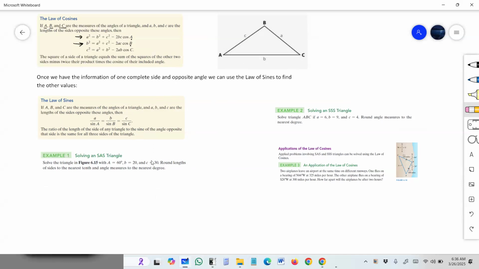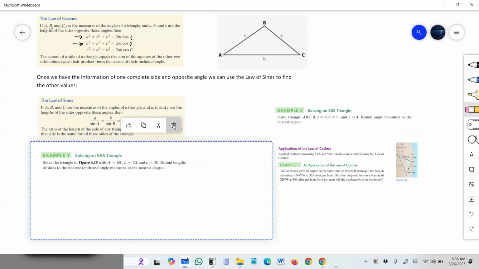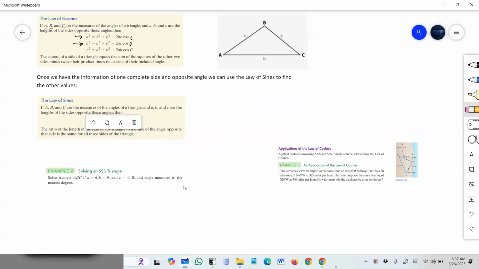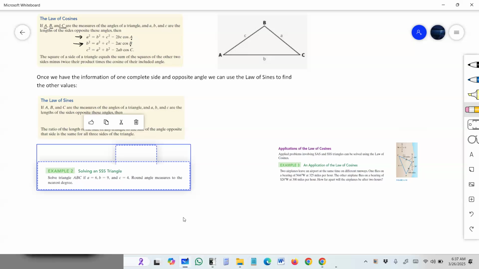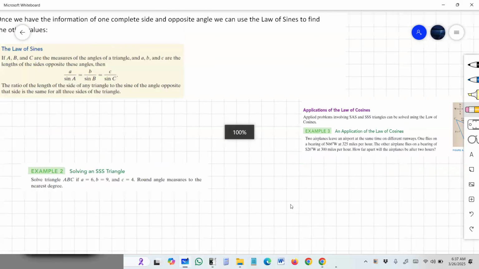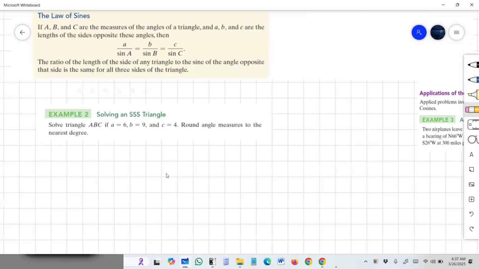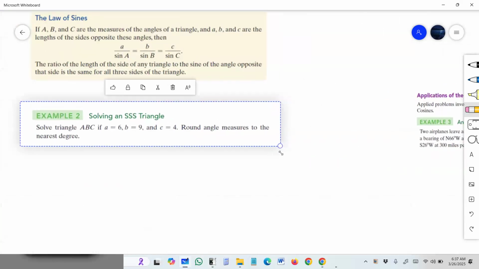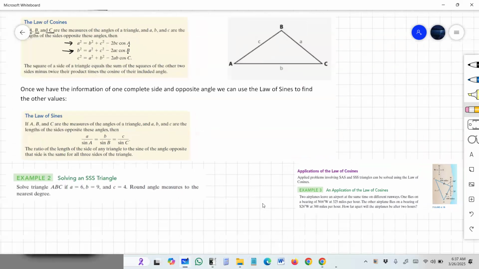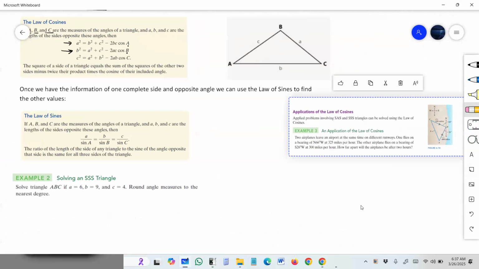And I'm going to remove this thing from here to make a little bit of space, so I can make it a little bigger, and now make it smaller again so we can see the law of cosines and the law of sines.